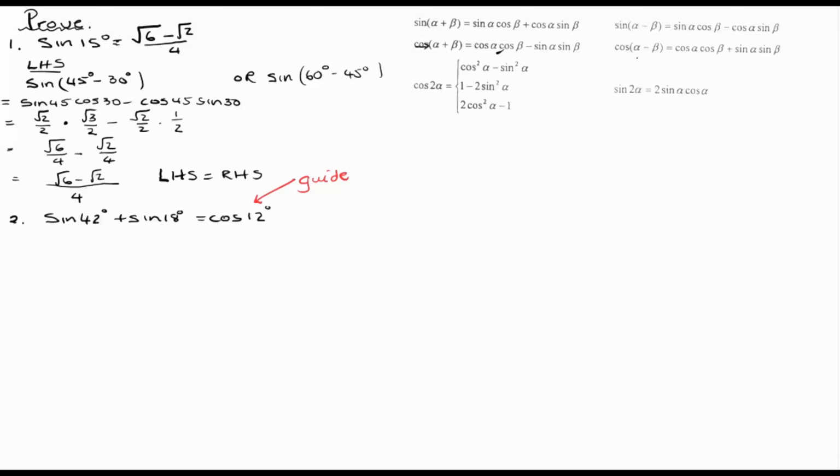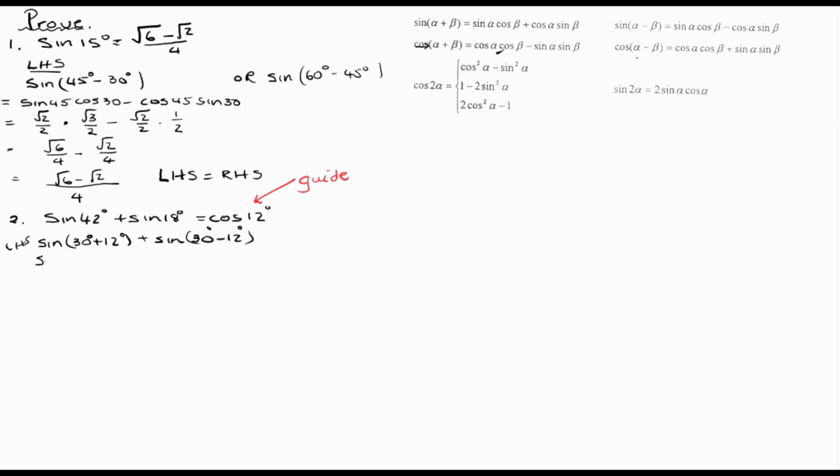So we're going to do sine of 42 is sine of 30 plus 12, and sine of 18 is sine of 30 minus 12. Right, don't forget to label left hand side. Okay, now we're going to expand both of those.